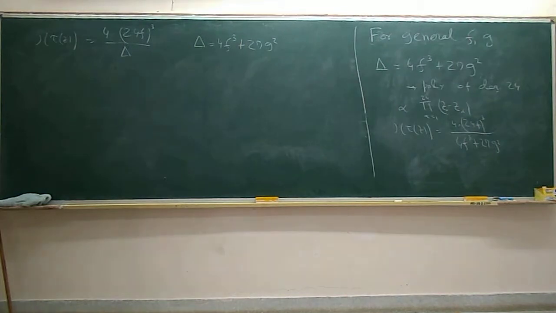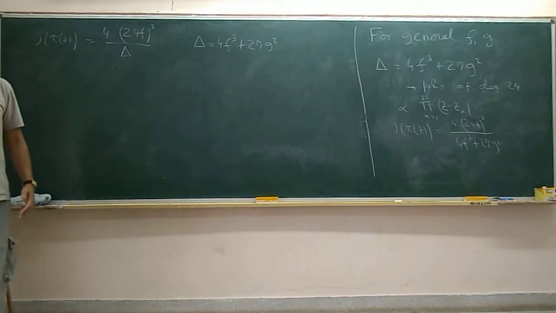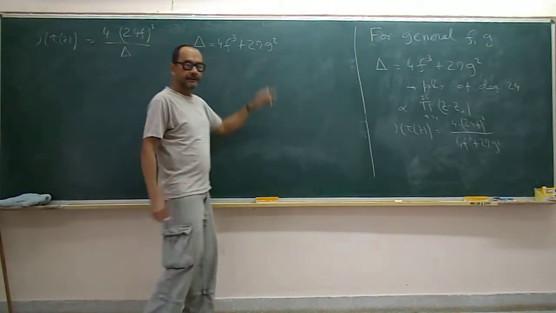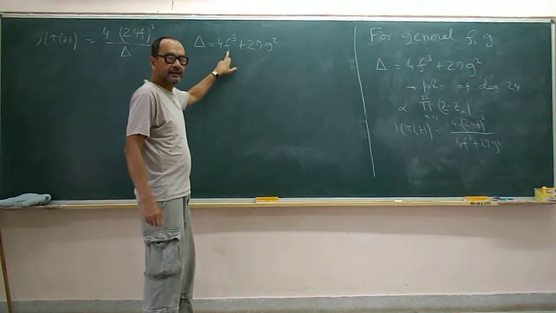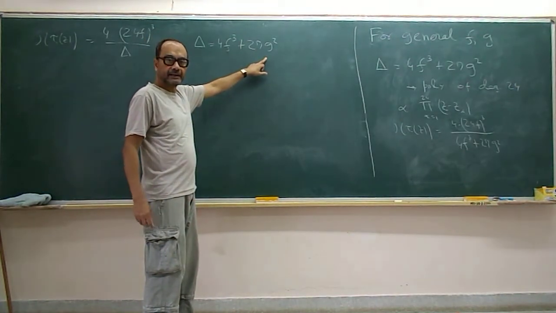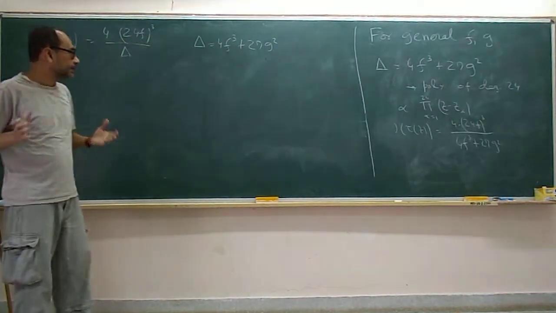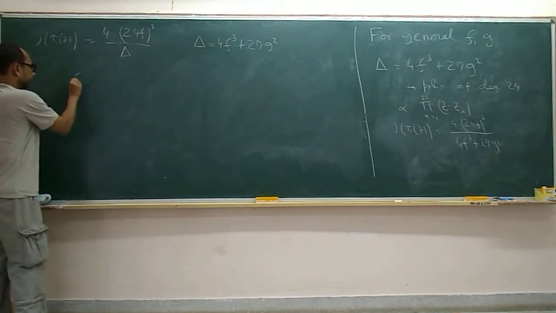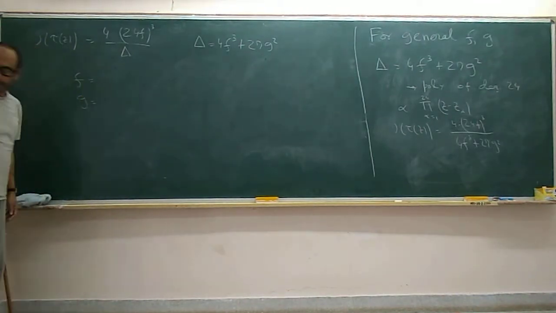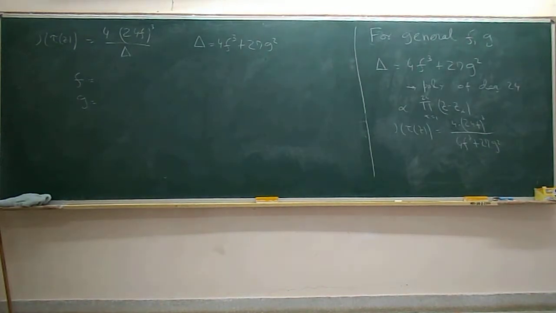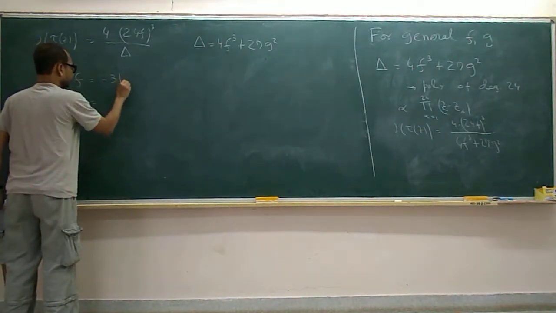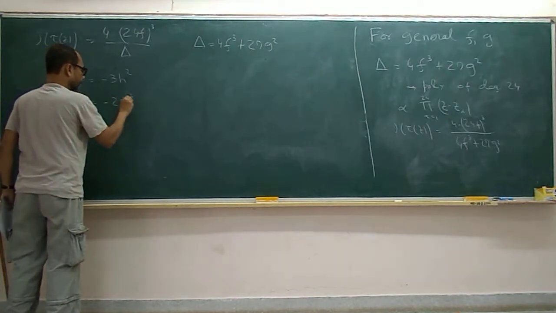So to see how to make delta small, let's first see how to make delta 0. Delta equal to 0 would correspond to 0 coupling everywhere, because J will be infinite. Because delta has this structure, with f a polynomial of degree 4 and g a polynomial of degree 6, the most general form of f and g which makes delta 0 is, let me get the numbers right, f equal to minus 3h square, g equal to minus 2h cube.